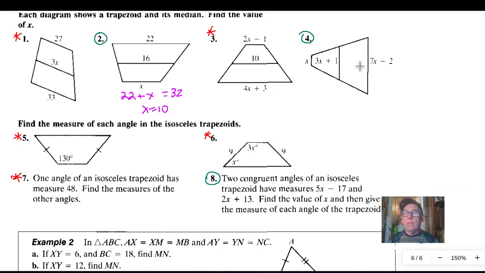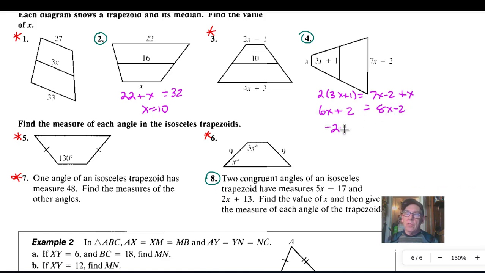So look at number 4. This mid-segment, or median, is double the sum of these two. So twice the median equals the sum of the two bases. So this gives us 8x minus 2 equals 6x plus 2. Let's see, let's go this way.